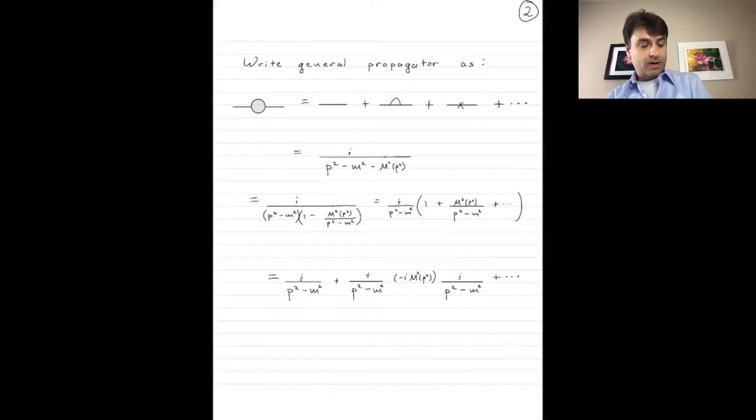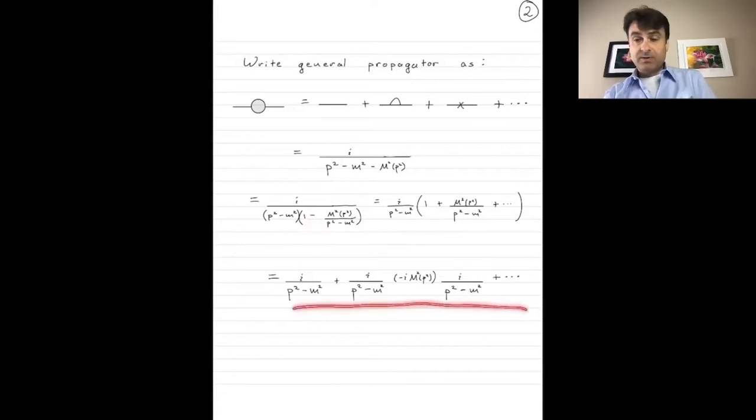And then I note that I can factor out a p squared minus m squared in the denominator and write the denominator this way. And then if capital M squared is something I'm expanding in perturbation theory, then I can take this factor, I can expand it, and it goes into the numerator when I expand in the Taylor series, but with the minus sign becoming a plus sign.